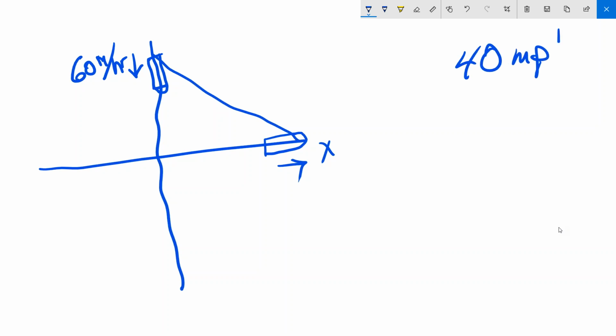Again, I'm just making up these numbers. What they want to know is how fast is the robber car going? So let's define everything. What have they given us?